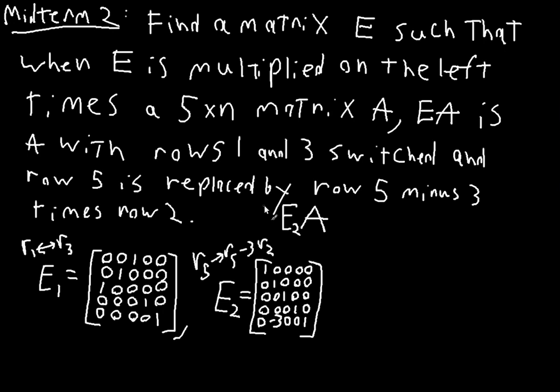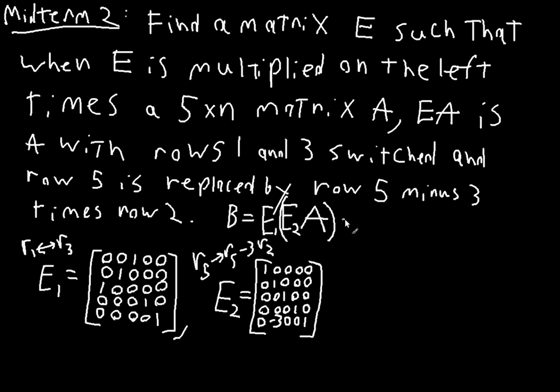If I then multiply the result of this first multiplication by E1, that takes the resulting matrix and swaps row 1 and row 3. So if we let this equal B, then B is the same as taking A and doing both of these elementary row operations.